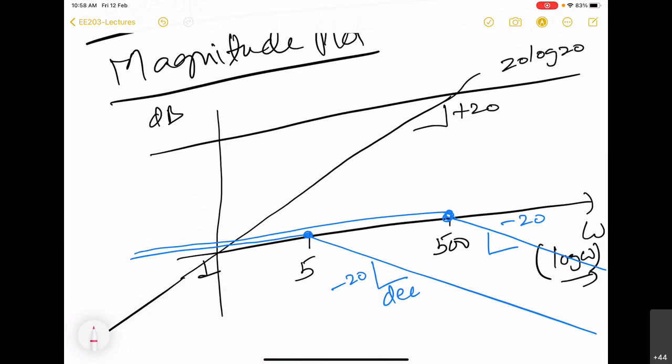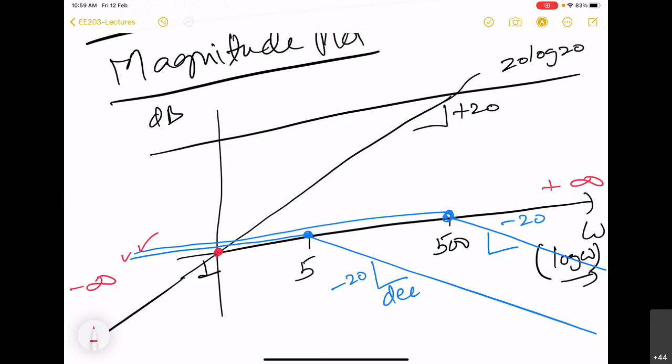So now we start adding them from minus infinity, starting from here, and we will add them up to plus infinity. Right. So let us first try to add them at this point. Here what we see is that these two poles, 5 and 500 pole, do not contribute anything.